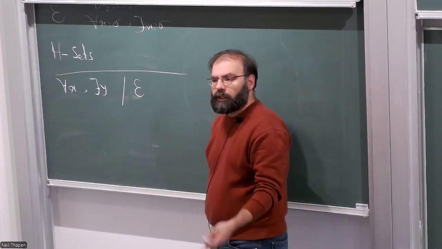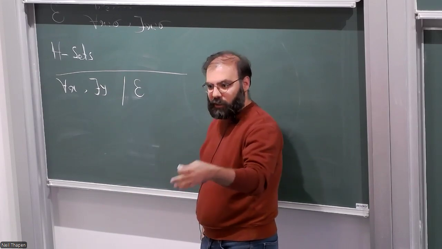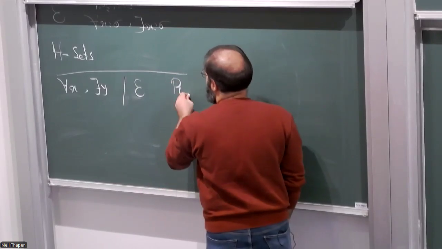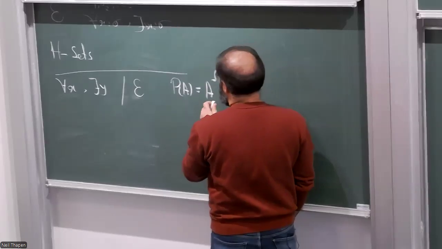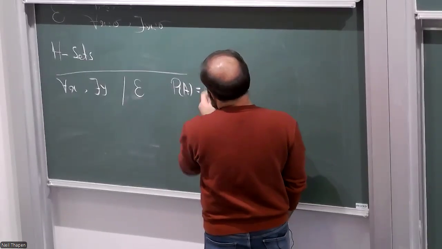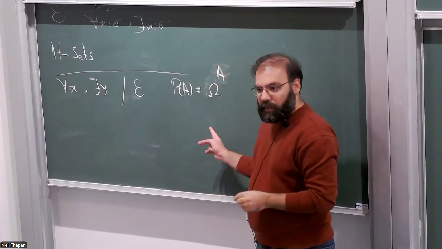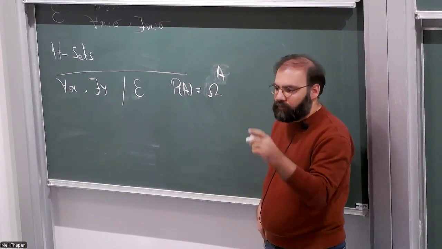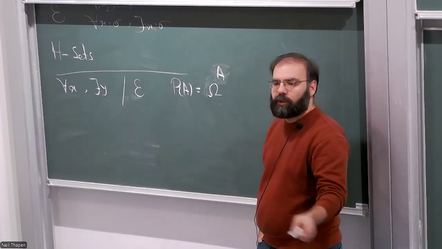You have power set, because you have exponentiation, and therefore you have also omega. Then you can think of PA as omega to the A, all maps from A to omega, then all the subsets of A. So you have power set, and you can think of your basic axioms like constructions of union, whatever.